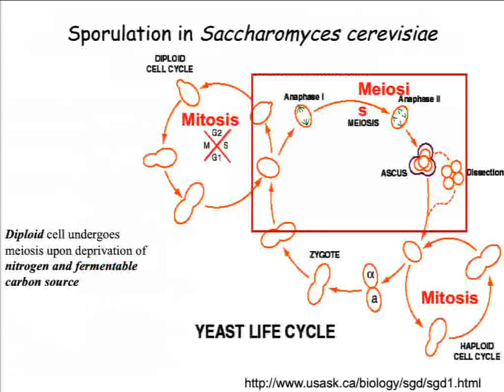So we make maps that deal with cells in the haploid life cycle, in the cell cycle stage, and also under a sporulation stage when in a non-fermentable carbon source. And so what's happening to the chromatin in particular?